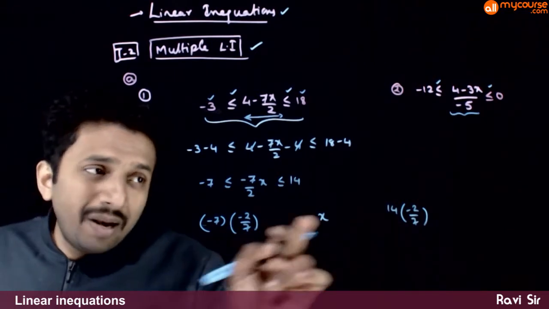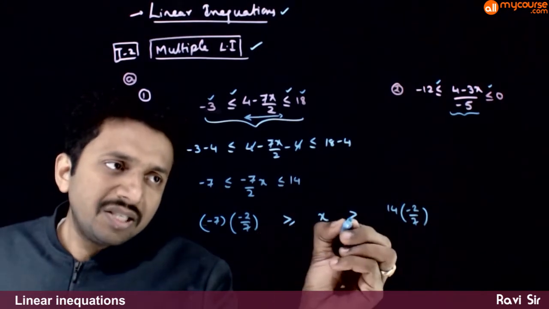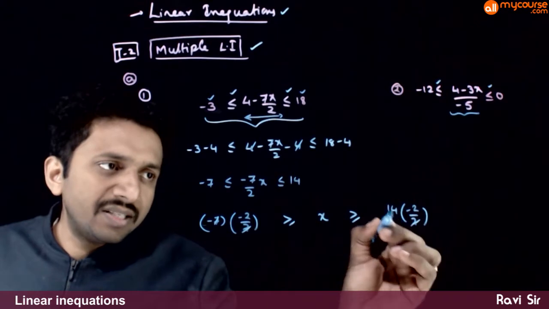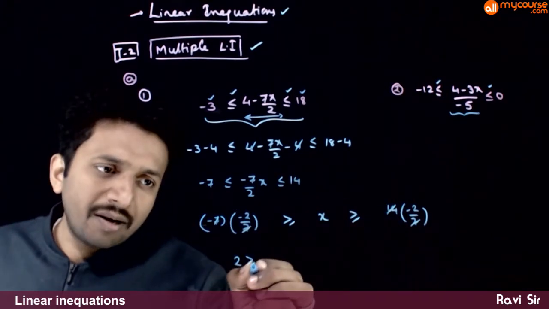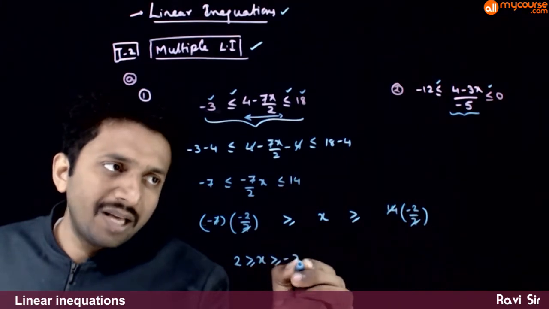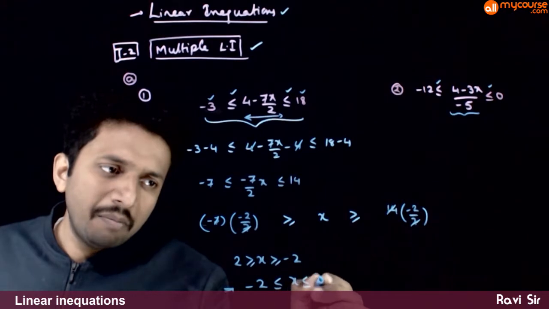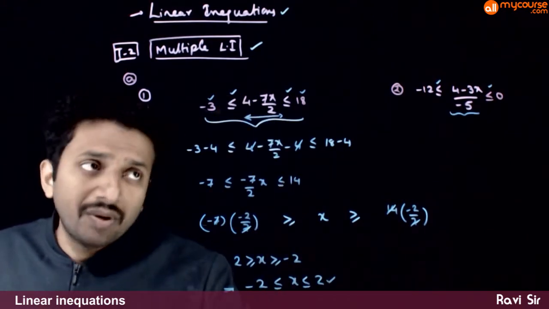Now I have multiplied each of these sides with a negative number, so the sign of inequality changes. So 7 and 7 get cancelled, 7 and 7 get cancelled. So minus of minus 2 is 2 greater than or equal to x greater than or equal to minus 2. This implies x lies between minus 2 and plus 2. That's the solution to this inequality.